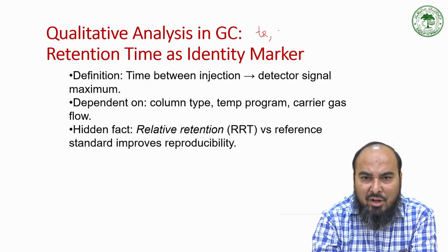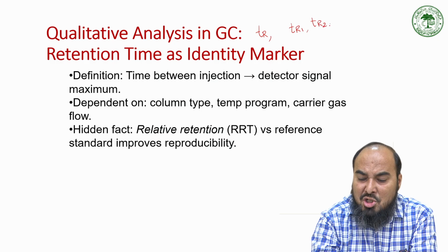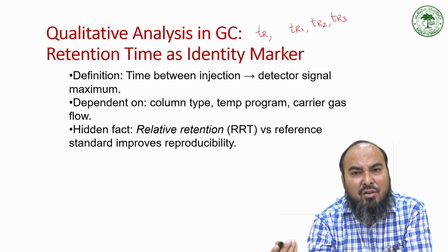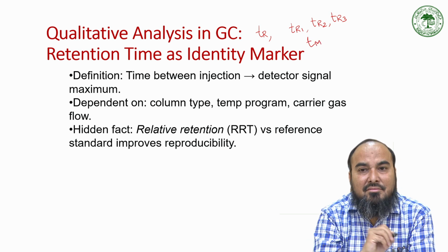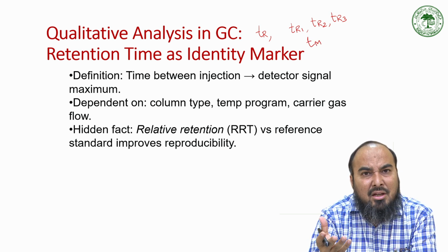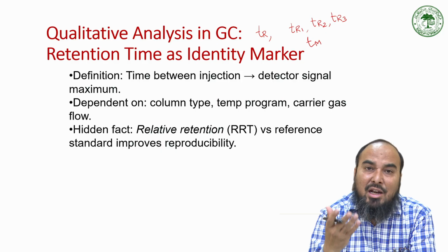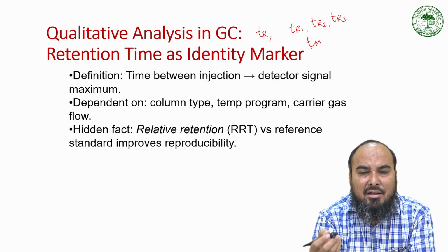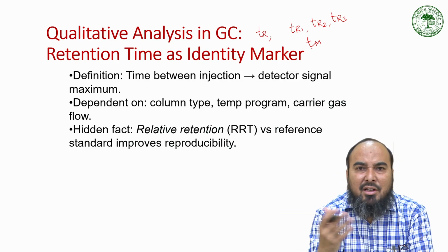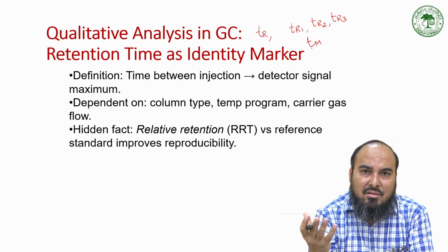If you have more than one component, you can have TR1, TR2, TR3 depending upon the number of components. Similarly, you have TM, that is called the retention time of the mobile phase alone or the carrier gas alone. Now, with respect to TR and TM, you measure the different retention times.